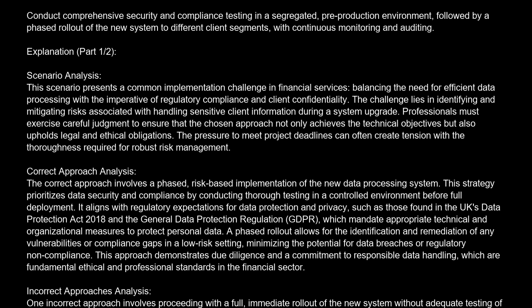A phased rollout allows for the identification and remediation of any vulnerabilities or compliance gaps in a low-risk setting, minimizing the potential for data breaches or regulatory noncompliance. This approach demonstrates due diligence and a commitment to responsible data handling, which are fundamental ethical and professional standards in the financial sector.